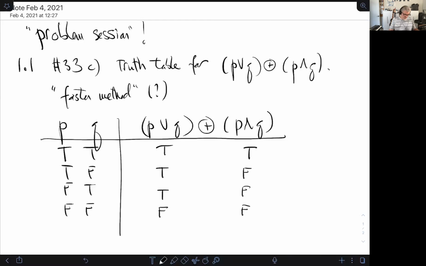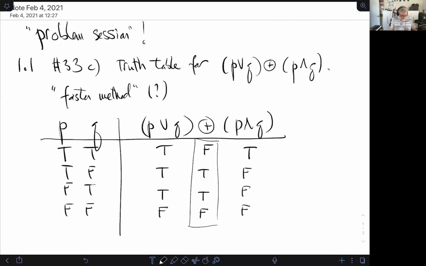Okay, so I've evaluated the 2 brackets, and now I can evaluate the XOR, which is true when exactly one of them is true. So this will be false, this will be true, this will be true, and this will be false. So this is the resulting values for the whole expression.